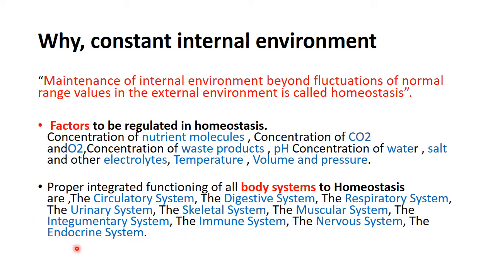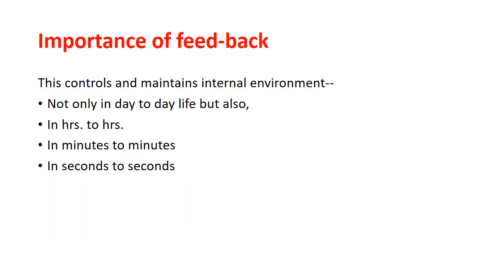All systems of our body work in an integrated way to regulate the composition of the plasma, blood, RBCs, interstitial fluid, and intracellular fluid, and this is known as the internal environment. So there is the importance of the feedback mechanism, which works not only in day-to-day life, but also hour to hour, minute to minute, and second to second.